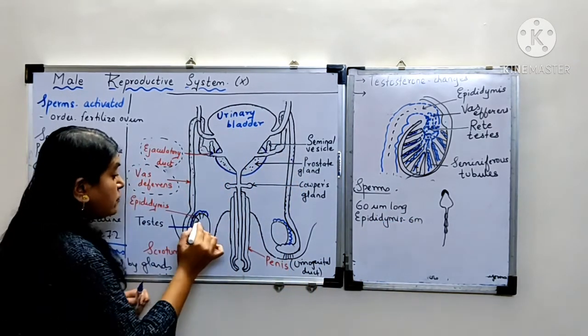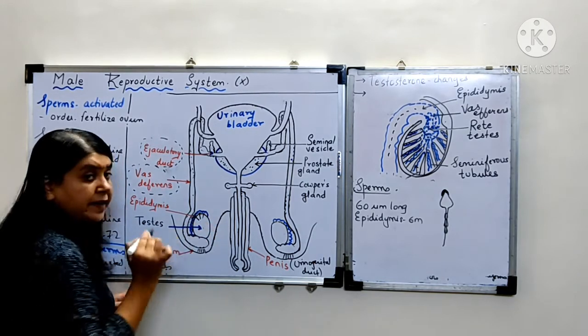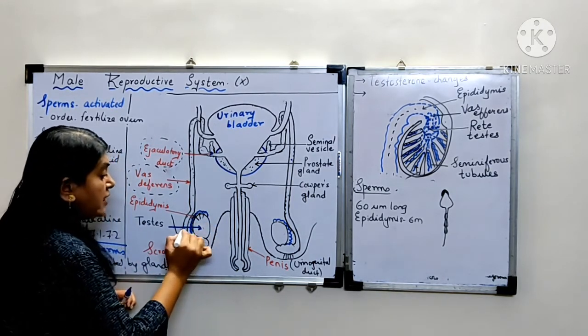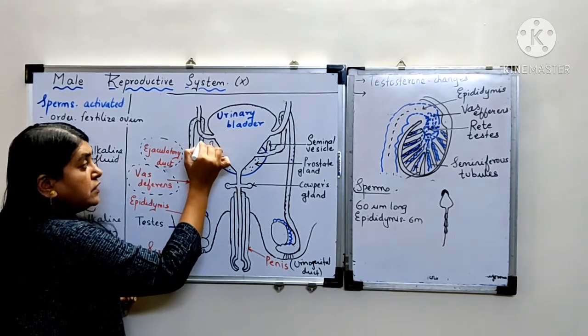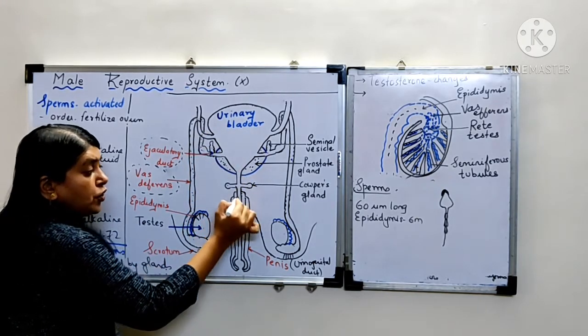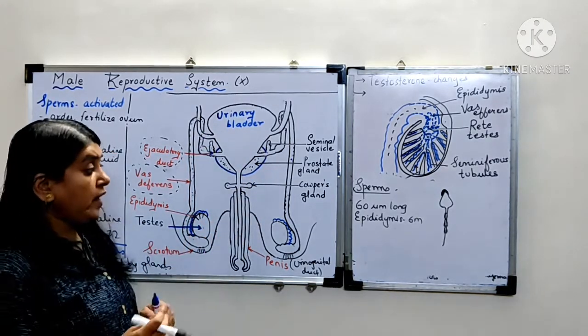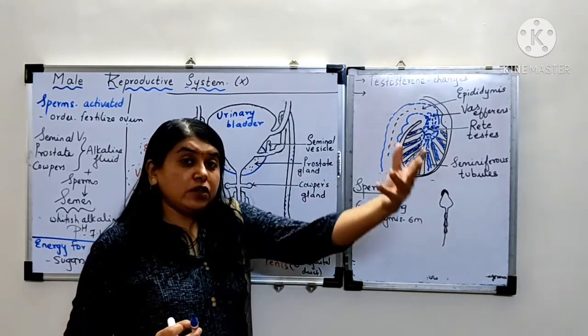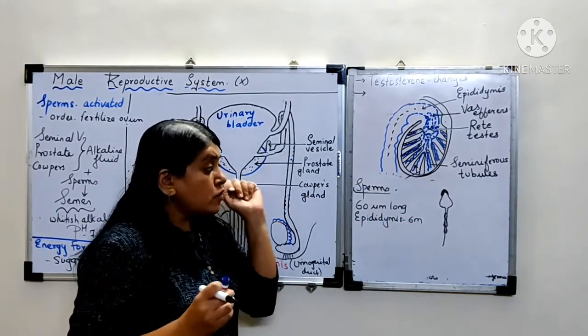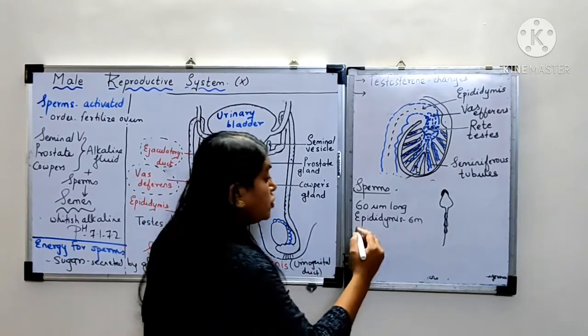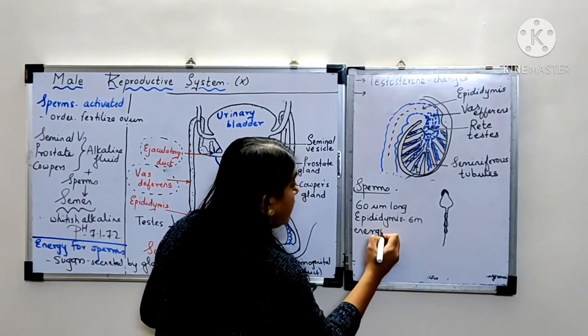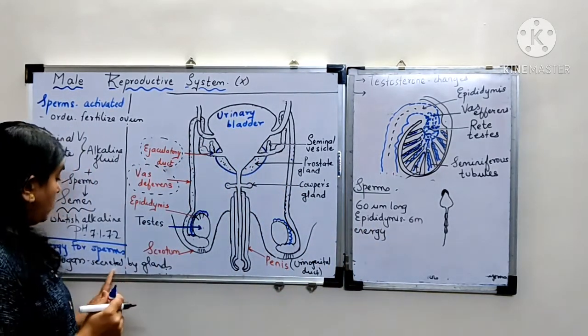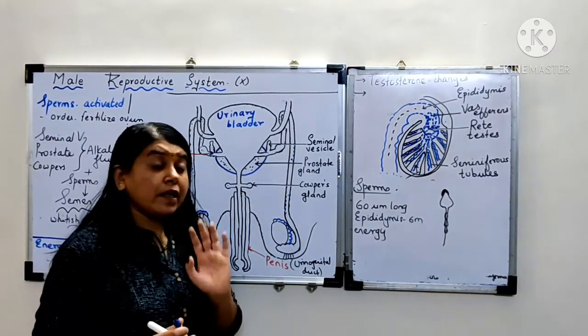So sperms have to cross the complete epididymis, and then the vas deferens, ejaculatory duct, urinogenital duct, and then reach the female reproductive tract. So sperms require energy, and this energy is provided by the sugars secreted by some glands.